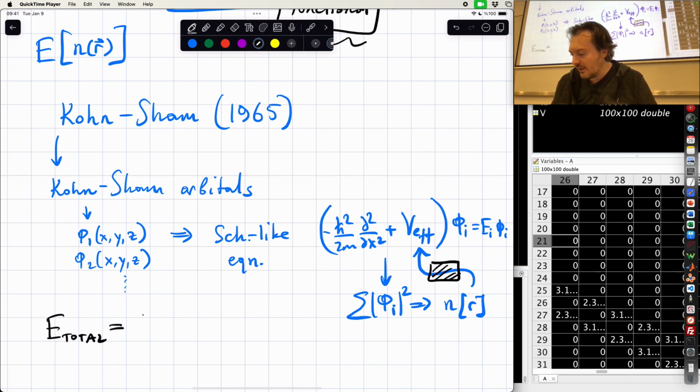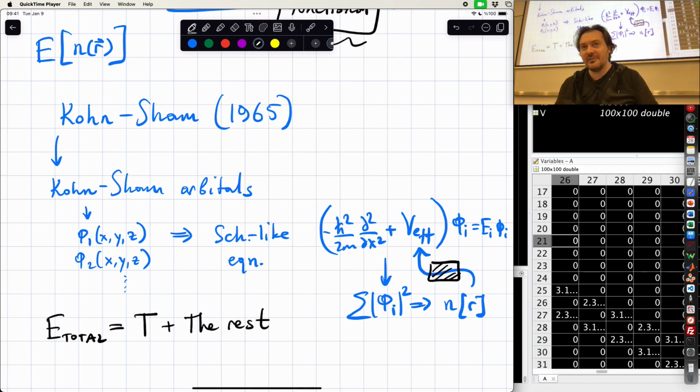And total energy has a kinetic part, and the rest.